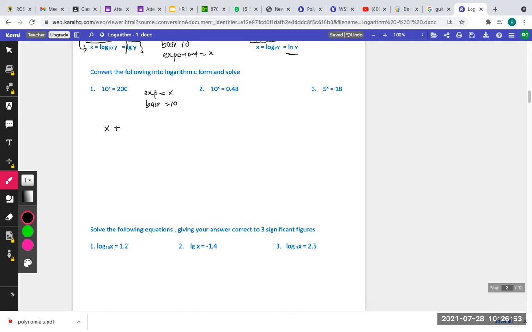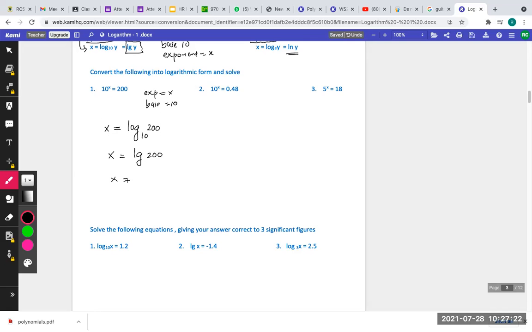So I write x equals log, base should be 10, and the answer is 200 here. So this is how you rewrite it. The power will be the answer of the logarithm. x equals log 200 to the base 10. Maybe to be more specific, you can write it as LG 200, right, guys? Because base 10, you write it like that.